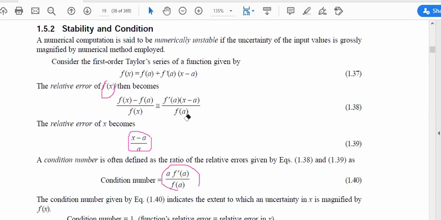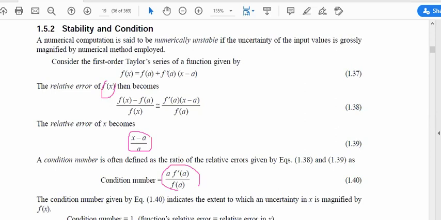If you divide f dash x minus a by this and find the ratio, you will get the condition number. Then the condition number given by equation 1.40 indicates the extent to which an uncertainty in x is magnified by f(x). How is this magnified?